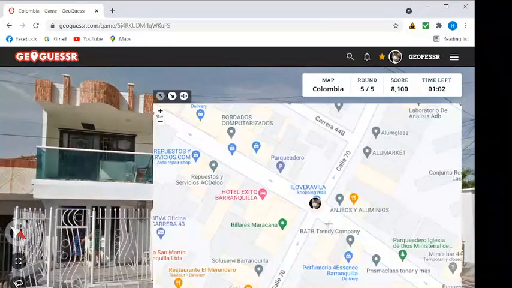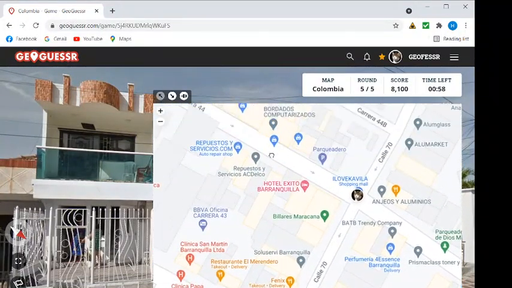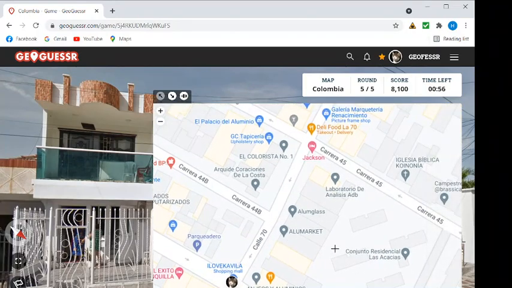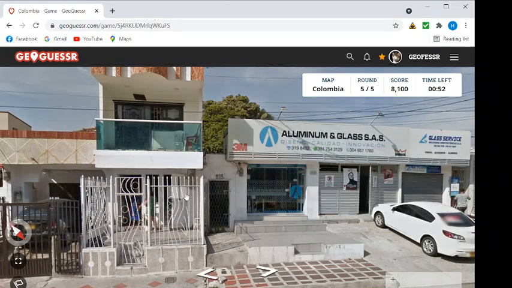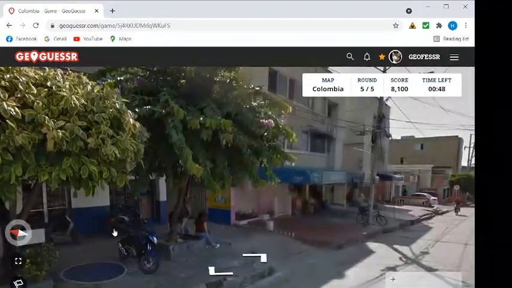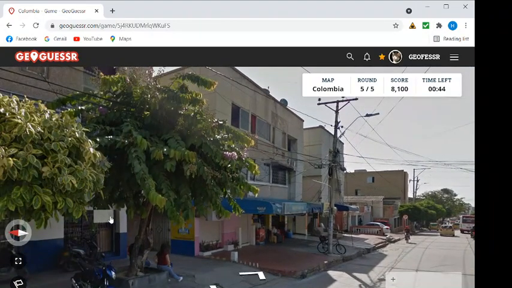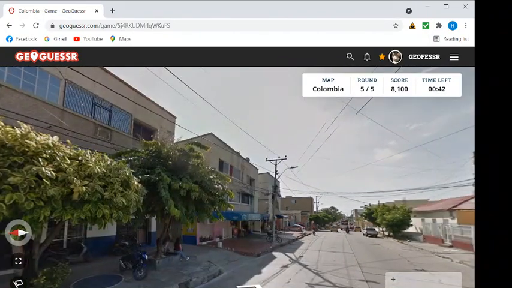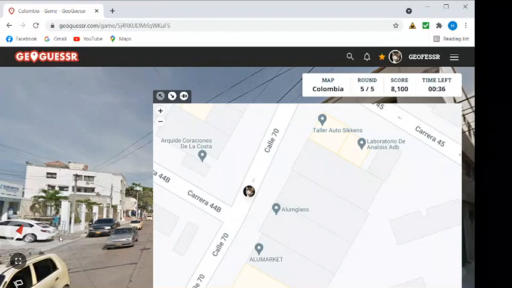We were near, let's see, aluminum and glass. Yeah, so there's a lot of businesses. Alum Glass, Alum Market. So there's a road to the side. Is that just the alley between the buildings? Yeah, that's what that is. Okay.